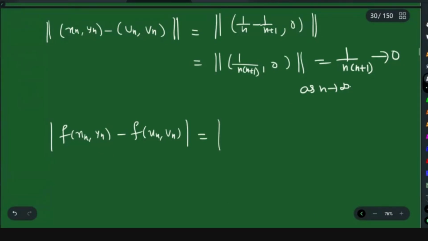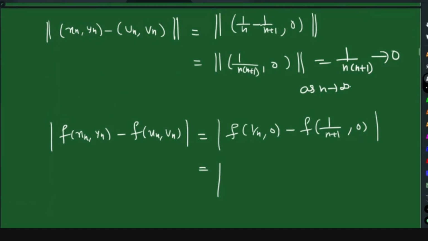This is modulus of f(1 by n, 0) minus f(1 by (n plus 1), 0). So what you will get? This value is 1 by (x plus y), so 1 by (n plus 0). That is 1 by n, so that is n, right? Minus this is 1 by (n plus 1).